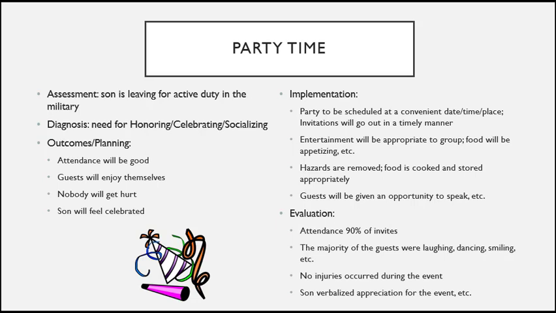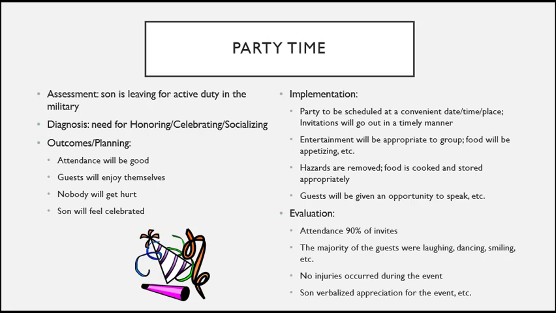If I want to be sure that no one is going to get hurt, then some of the interventions will be to remove hazards, make sure the food is cooked and stored appropriately so that no one gets sick. And if I want to make sure that my son is feeling celebrated, some of the things that I can do, my interventions might include giving all of the guests an opportunity to speak and honor him, or to sign a card or something like that.